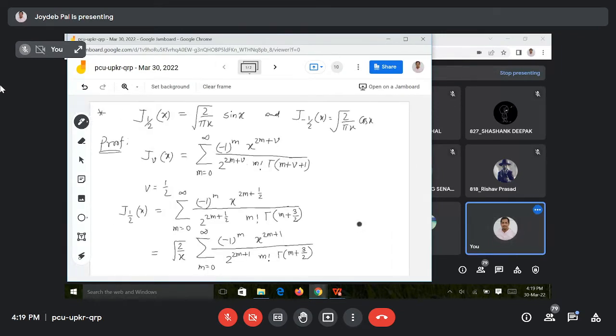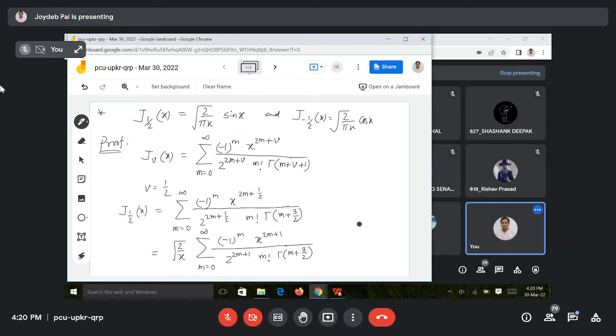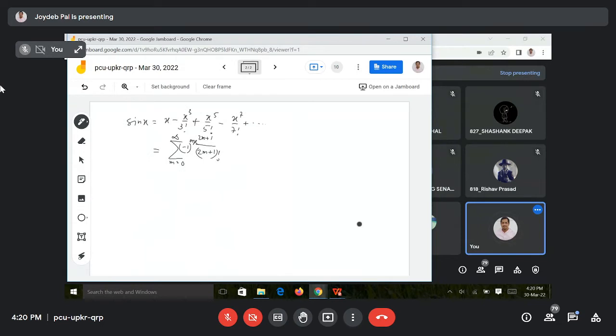Now here you see in the numerator we are getting that similar one, minus 1 to the power m x to the power 2m plus 1, and in the denominator we have something else. So what is our target? Our target is to convert that denominator into that 2m plus 1 factorial. Then we are done. Right. And another, 1 by root pi term will be there. So ultimately the denominator you have to simplify.